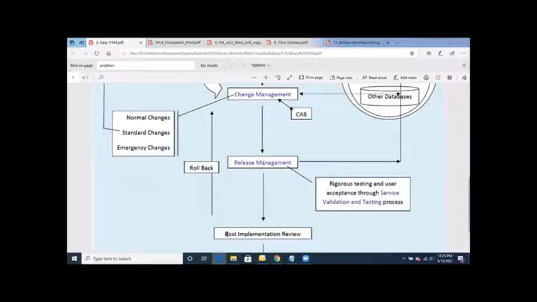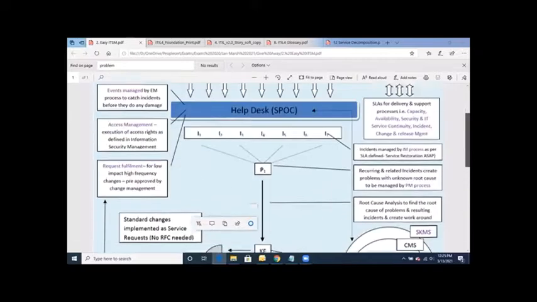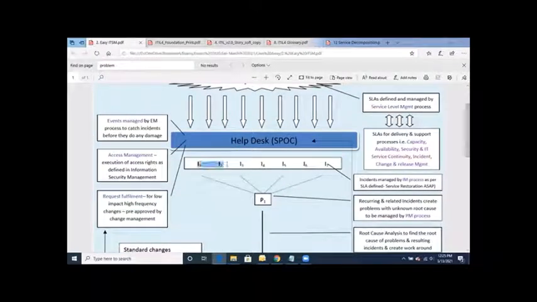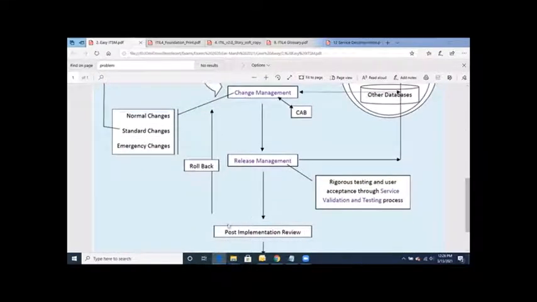After that, there will be a post implementation review, the PIR, where they will examine that there should not be any single user saying that my internet is not working, my printout is not happening, or I'm not able to access the emails, or I'm not able to share the files on the internet. If there are users still giving you similar incidents, then your change is unsuccessful and you need to roll back to the original router.